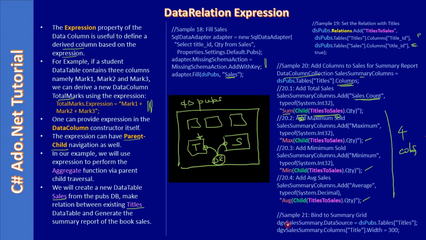Next, if you see, DGV sales summary dot data source equal to DSPub tables of titles. So for these titles we retrieved the columns, right? And we made use of these columns and added 4 new columns, and we are giving this modified titles table with the 4 included columns to the data source property, right? DGV sales summary will be the last grid in our example, at the bottom, spanning the entire width of the form.